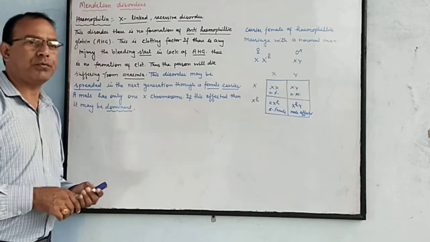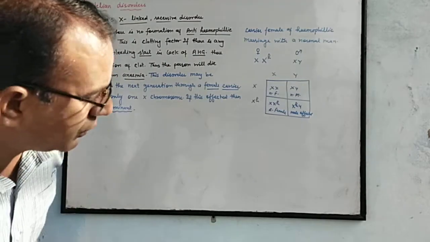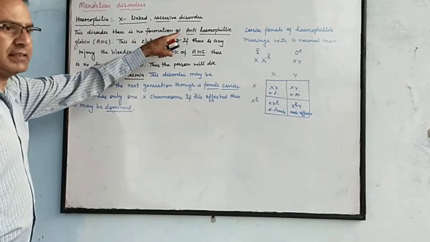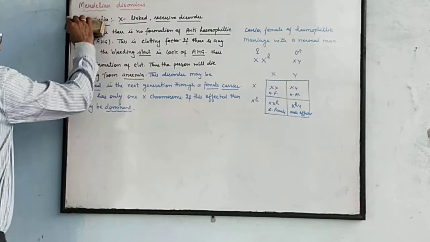Clear? This is hemophilia, and these two types of disorders are X-linked recessive disorders.